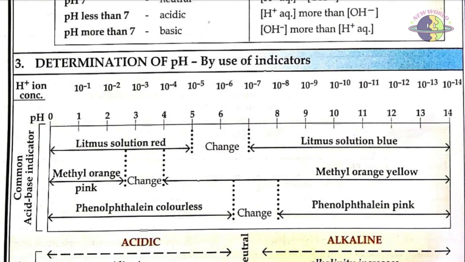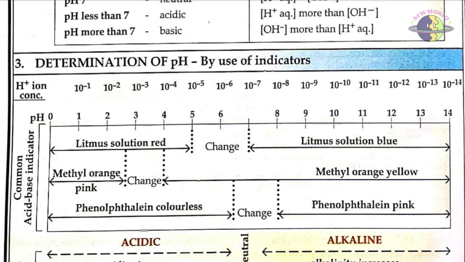In the pH scale, you can see 10 to the power minus 1 to 10 to the power minus 14, and 10 to the power minus 7 in the middle is neutral. Before 10 to the power minus 7, litmus solution is red, and on the right side it changes to litmus solution blue. Methyl orange pink changes on the right side to methyl orange yellow. Phenolphthalein colorless changes to phenolphthalein pink on the right side.